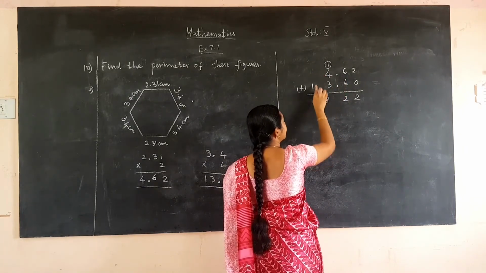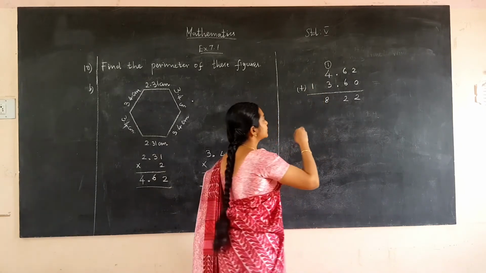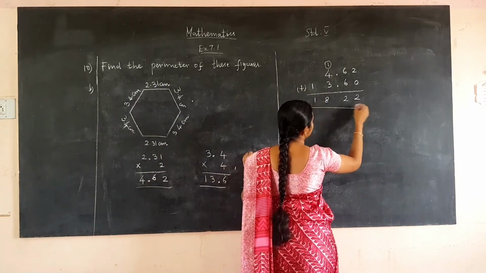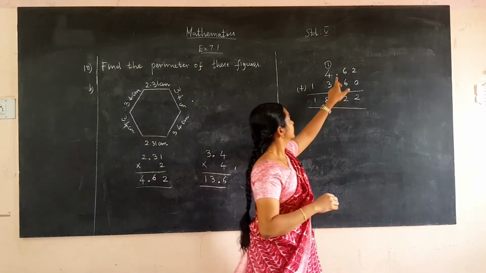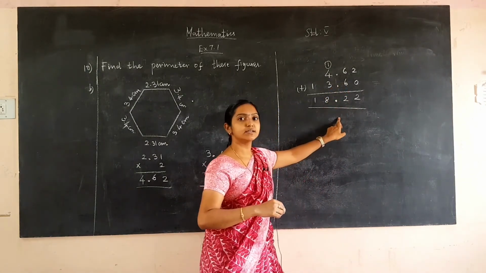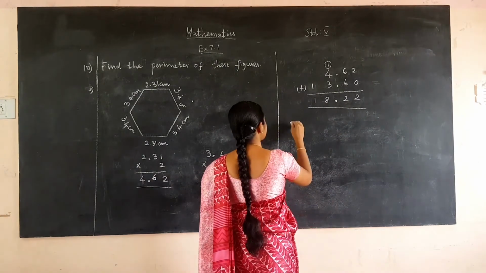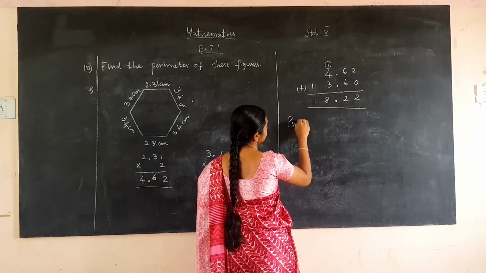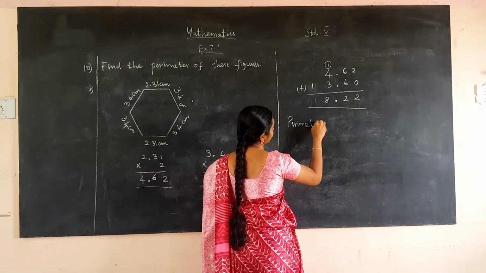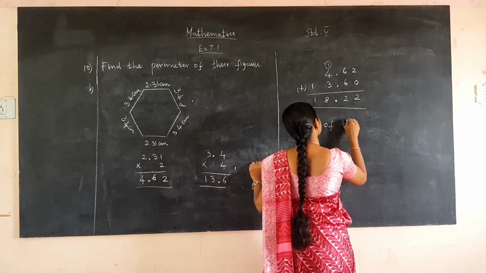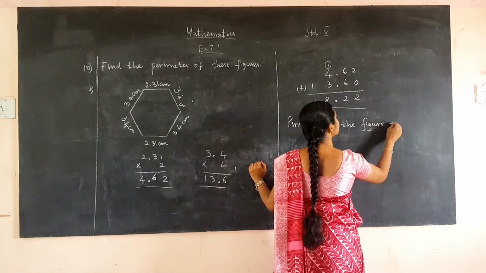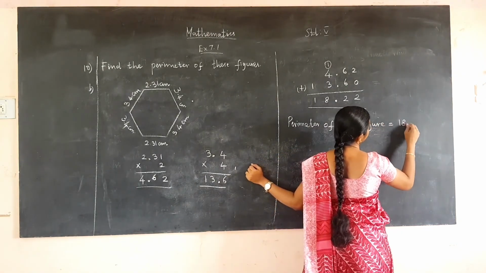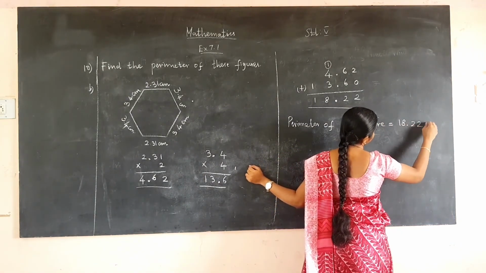Here we don't have any number, only 1 is there. So put the 1 as it is. Keep the decimal point here. Decimal points should lie on a straight line. The perimeter of the figure is 18.22 centimeter.